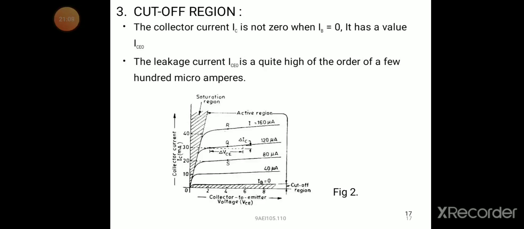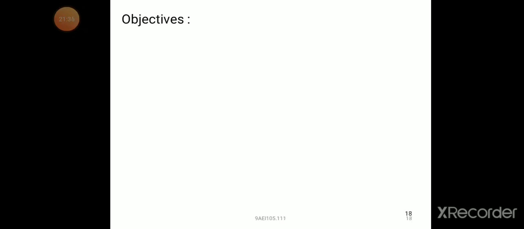It has a value of ICEO, as shown in the figure. The leakage current ICEO is quite high, of the order of a few hundred microamperes. That region is called the cutoff region.